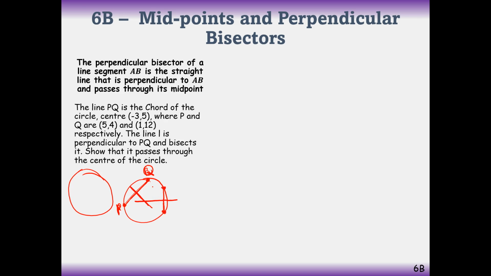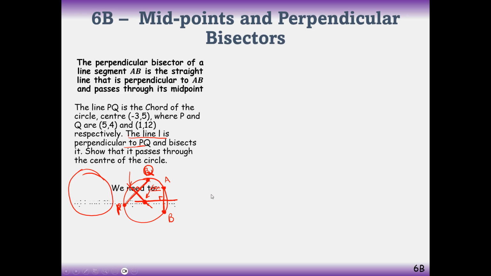So this doesn't have to be, you could have this point to be Q, but it's not. Let's call this point AB. Perpendicular bisector of this line and perpendicular bisector of this line meet at the center of the circle. So we will use this assumption later in this chapter. Not quite in this example, but it's good to understand. So at the moment, we're just looking to figure out the equation of the perpendicular bisector of PQ.